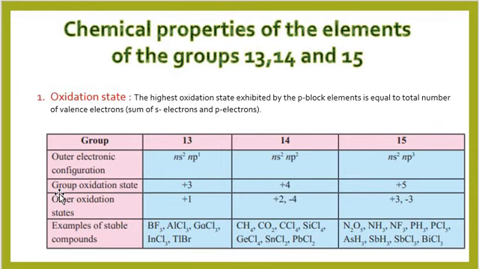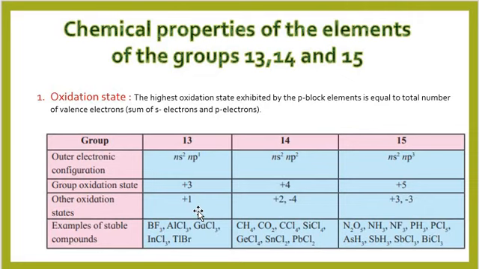But the other oxidation state I am stating, lowered by 2 units, the reason is the inert pair effect. It is the increased stability of the oxidation state lowered by 2 units compared to the group oxidation state in heavier p block elements, due to the inert pair effect.